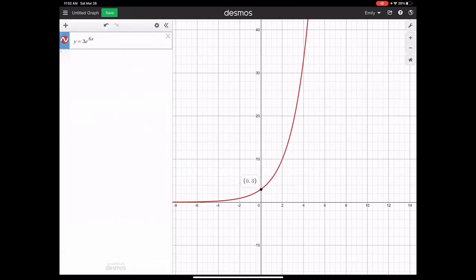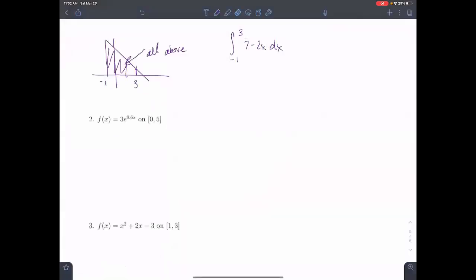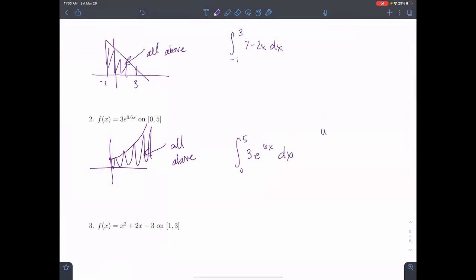So that's all going to be above the x-axis. All above. So nothing fancy needs to happen here. No breaking this up. Just evaluate from 0 to 5, 3 e to the 0.6x dx. Use a u substitution: make u 0.6x, and then go on from there.